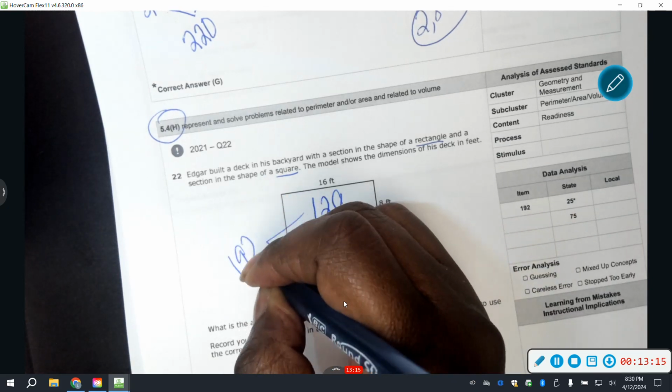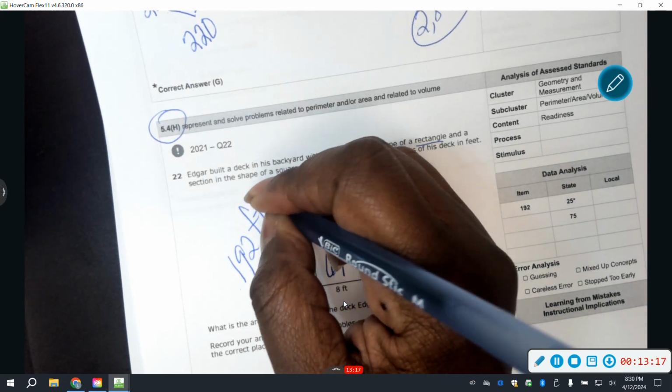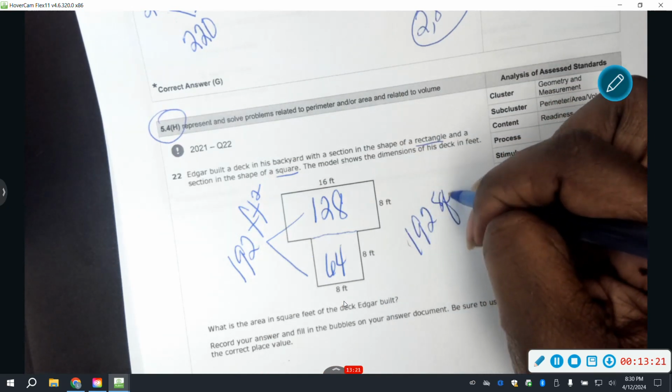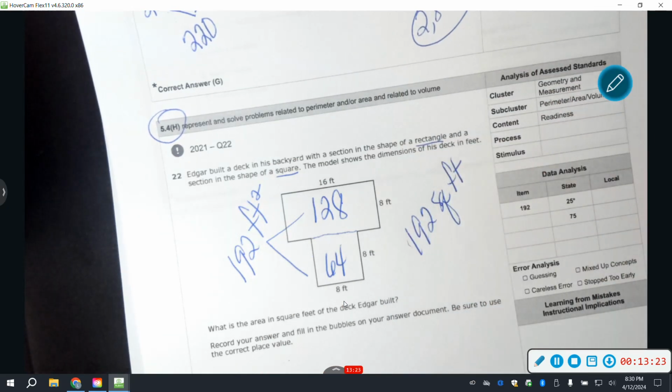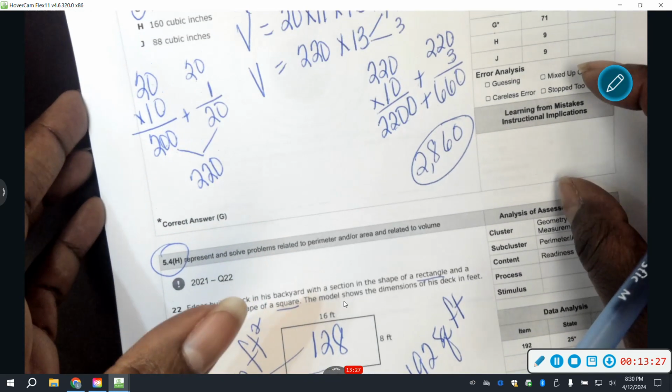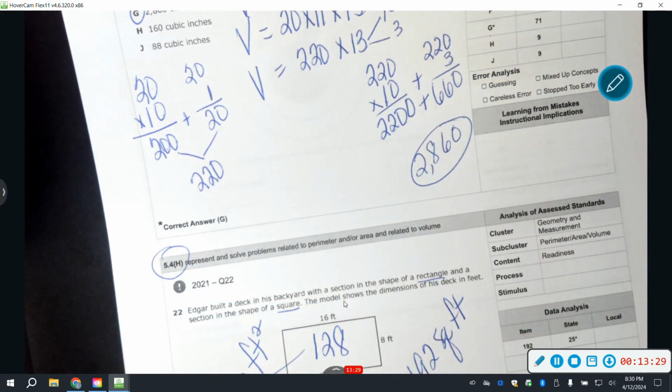You got 192 feet squared or 192 square feet. Same thing, okay? So today I showed you how to do area on a combined shape.